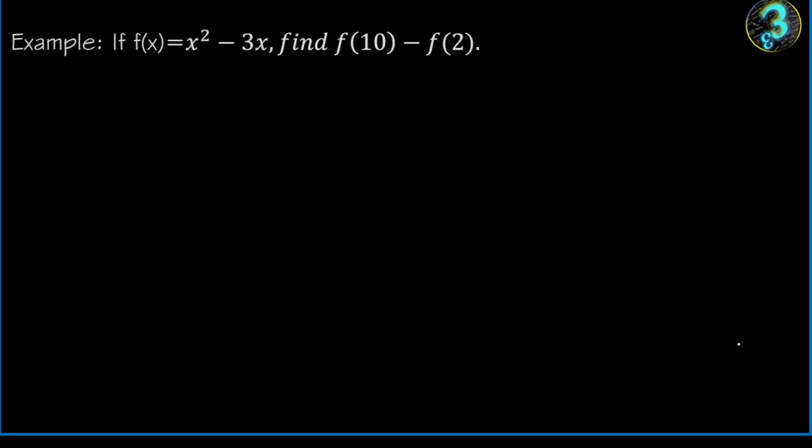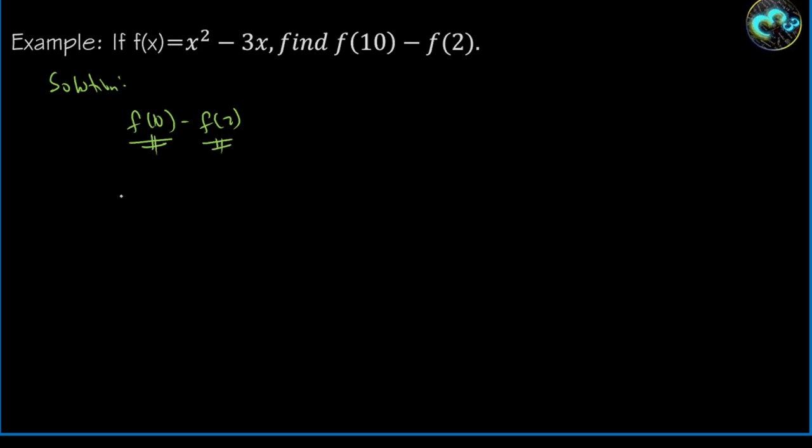Okay, let's have another example. If f of x is equal to x squared minus 3x, we need to find f of 10 minus f of 2. Solution. To get f of 10 minus f of 2, first we need to get the value of f of 10 and the value of f of 2.